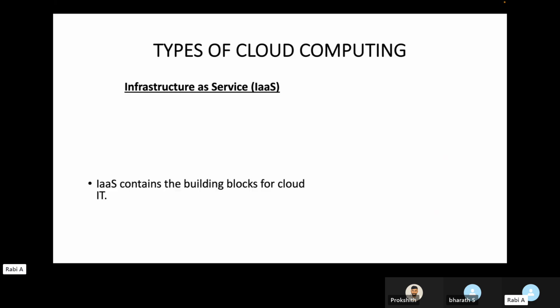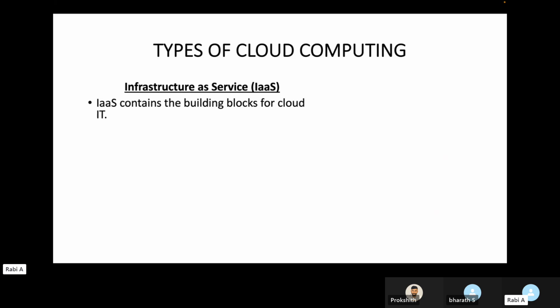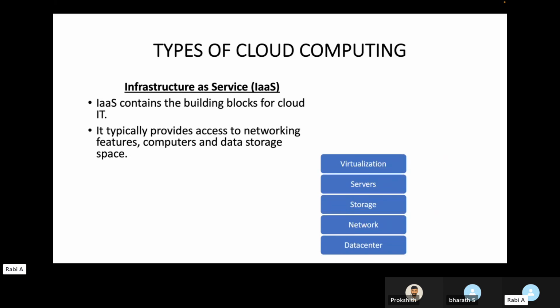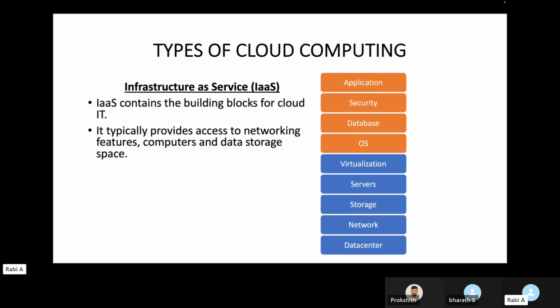Now, infrastructure as a service basically contains all the building blocks for cloud IT. It typically provides access to networking features, computers, and data storage space. Under this, the cloud service provider will provide the data center, the network, the storage, the servers, and the virtualization, and we, being the users, are responsible for managing the OS, the database, the security, and the applications.